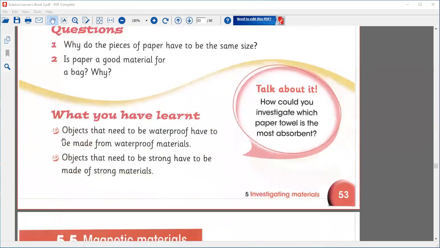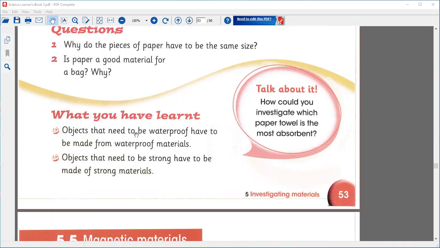What you have learned in this lesson: objects that need to be waterproof, like a bag or an umbrella. So what do you think, are we using paper? No, it's the wrong option.